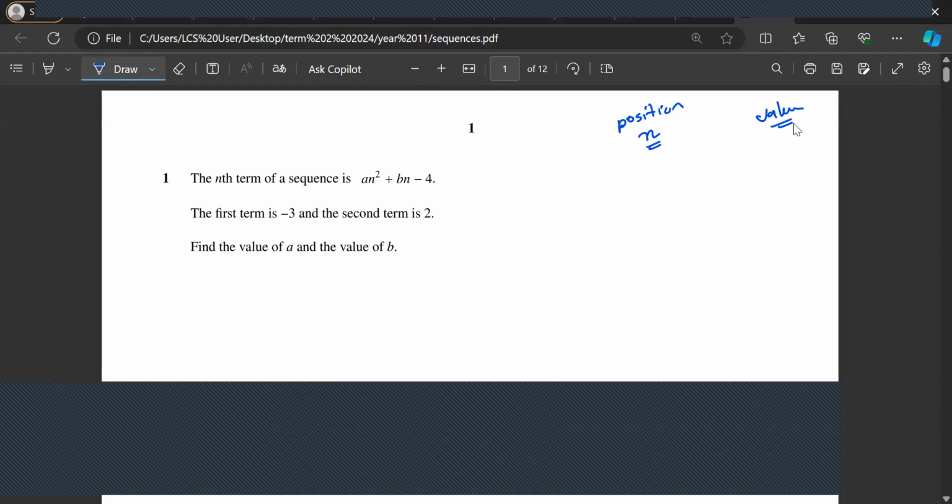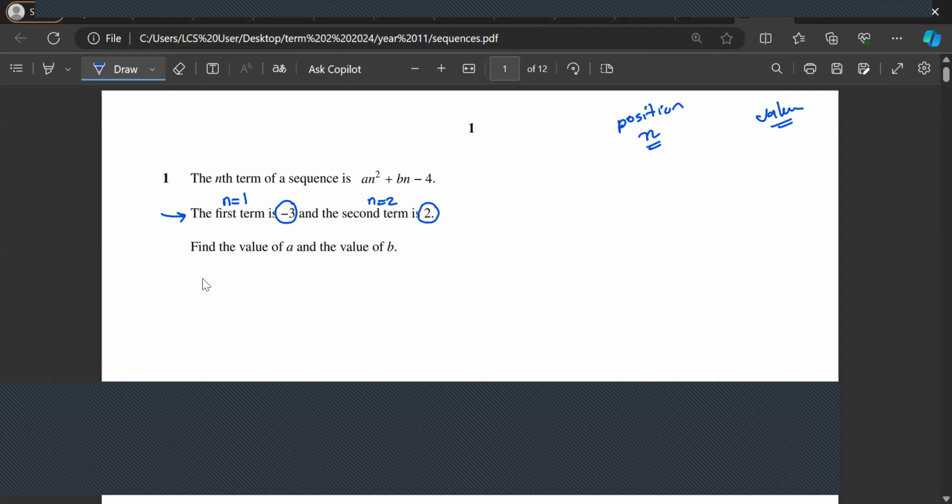While he's telling me the first term is -3, that means if n equals 1, the answer will be -3. And the second term means if n equals 2, the answer will be 2.